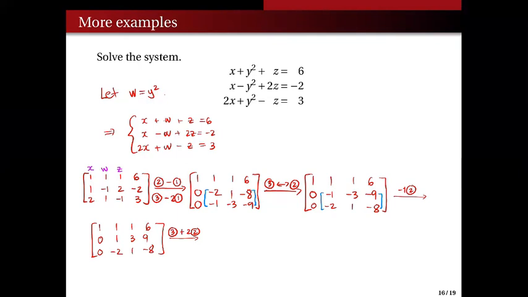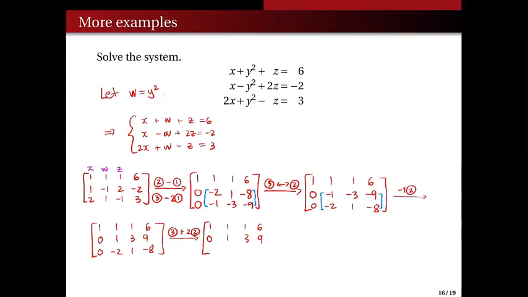Okay? And we will replace row 3 by row 3 plus 2 row 2. So again, we are not doing anything on row 1. We'll just copy 1, 1, 1, 6. Row 2, we are also not doing anything on that for now. So we'll just copy 0, 1, 3, 9.